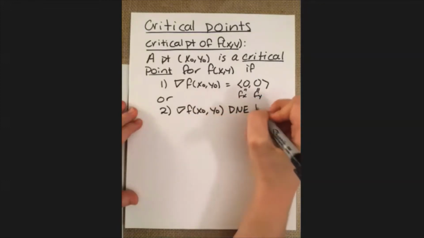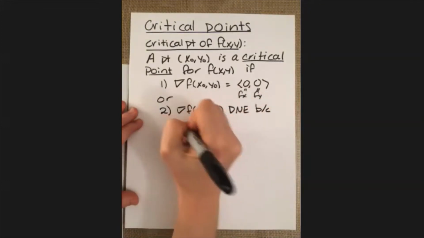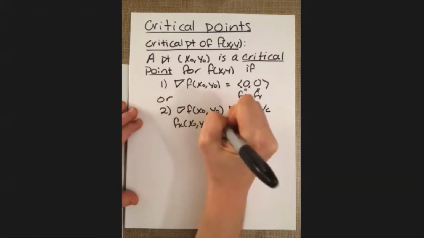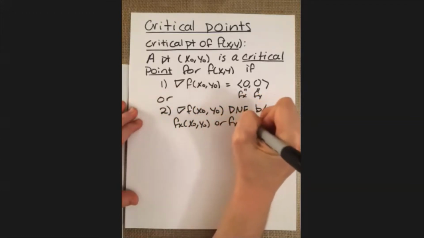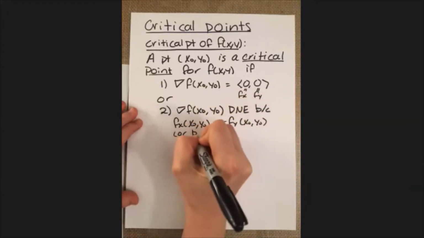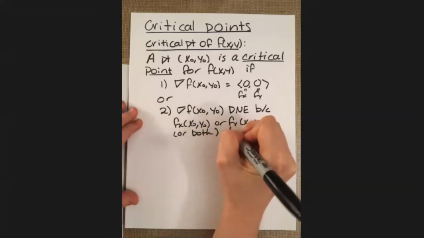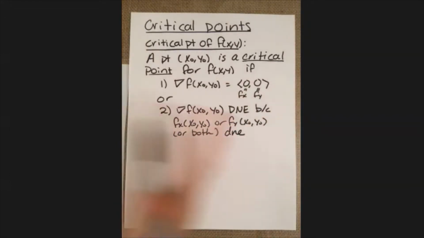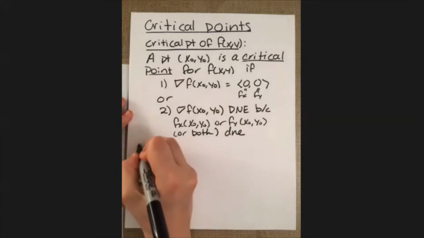And this can occur either because maybe the partial with respect to x doesn't exist there, or the partial with respect to y may not exist there, or we could possibly have both. So big idea here, this is just all the same notion as what we had from Calc 1.